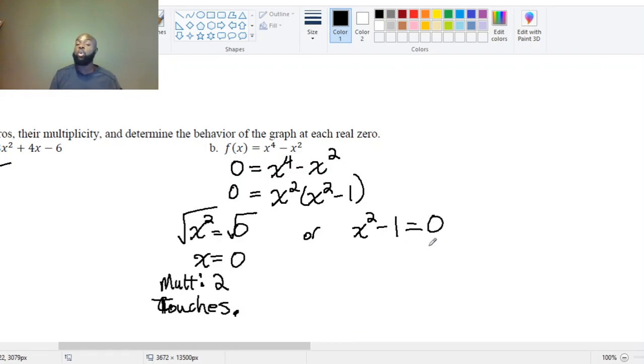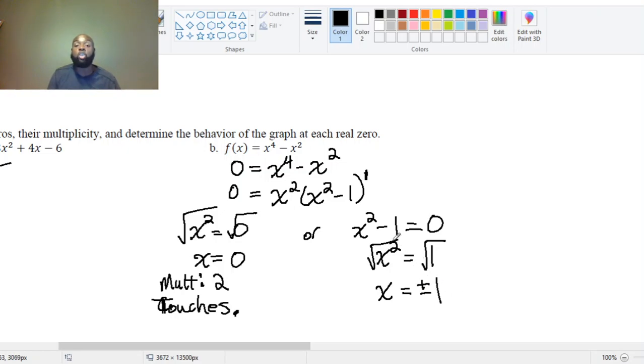When I solve this equation here, this comes from x squared minus 1, which is to the first power. I don't want this to be confusing. Now, if I solve this equation this way, I'm going to add 1 to both sides, and I'm going to take the square root of both sides. When I take the square root of both sides, this becomes x equals plus or minus 1.